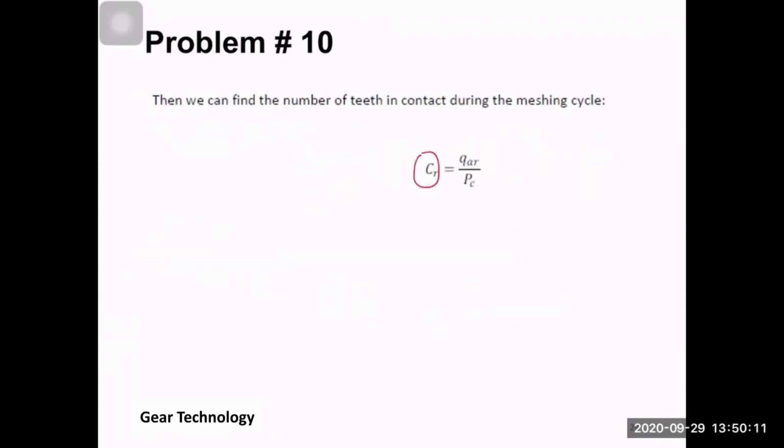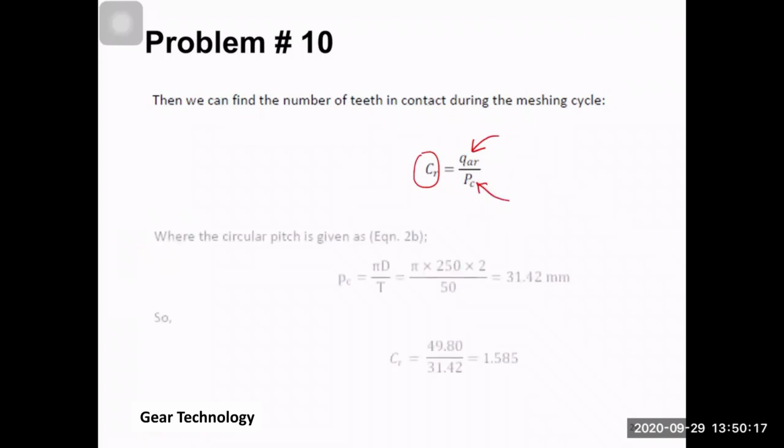And then we need this value to calculate the contact ratio. The contact ratio is equal to the arc of contact divided by the circular pitch. The circular pitch is pi d over t, or if you have the module, you just say pi multiplied by the module.